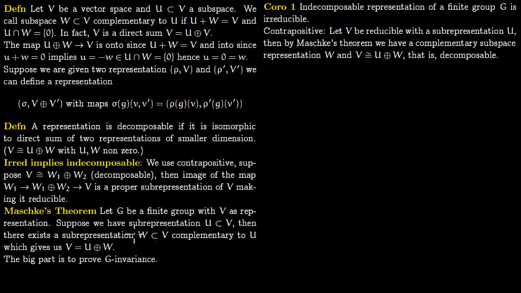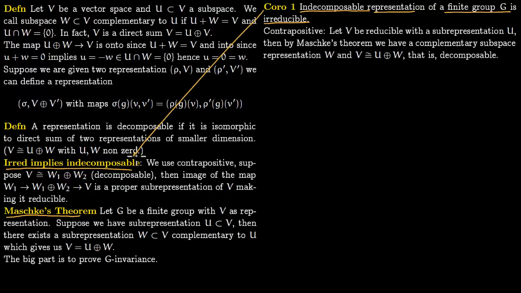So let us discuss two corollaries of Maschke's theorem. The first corollary is that an indecomposable representation of a finite group G is irreducible. Here we see that irreducible implies indecomposable, but now we are saying that indecomposable implies irreducible, so the opposite direction.